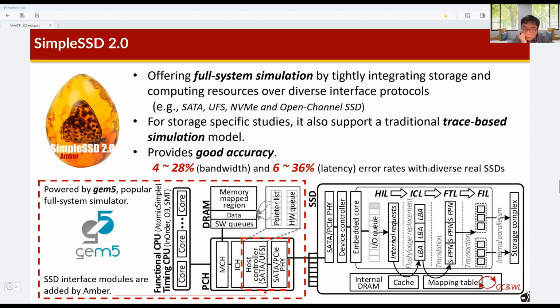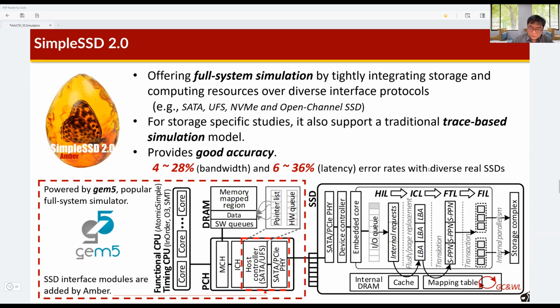So this slide shows the detailed architecture model of SimpleSSD 2.0. Actually, SimpleSSD 2.0 combines the gem5 full system mode and the NAND flash system, plus another SSD architecture model.